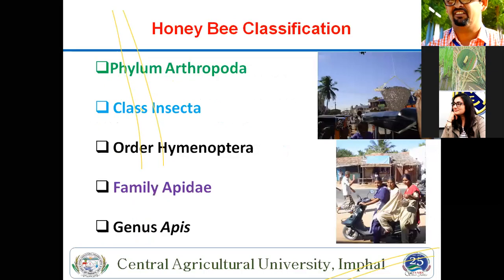Then you see the classification I have already told. Kingdom is Animalia, phylum is Arthropoda, and class is Insecta. I have already told the main character of Arthropoda: arthro plus poda. Poda means legs, arthro means jointed. So any living organism that has jointed legs comes under the phylum Arthropoda. In phylum Arthropoda, there are again 2 subphyla.